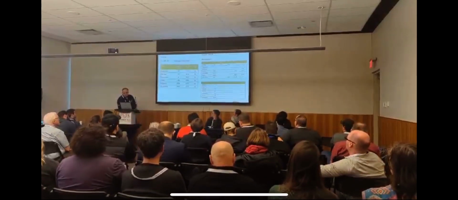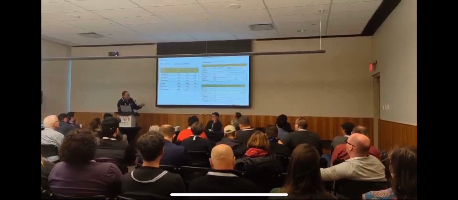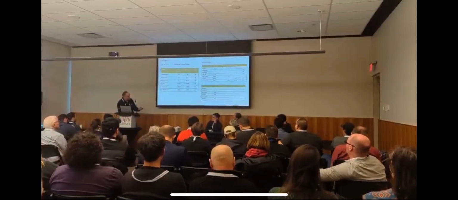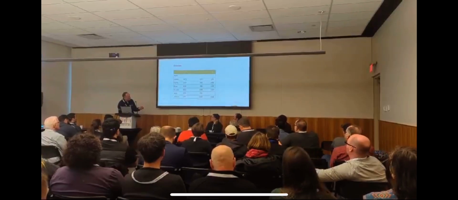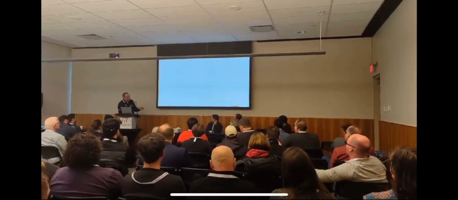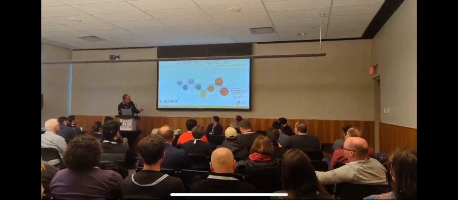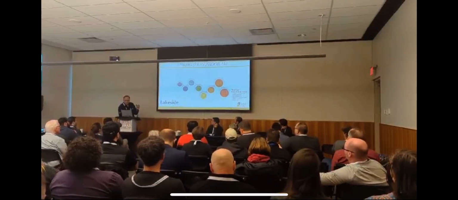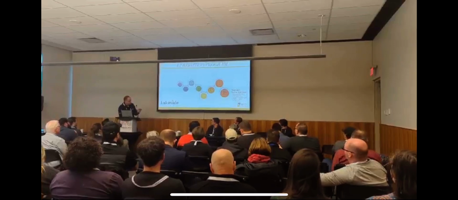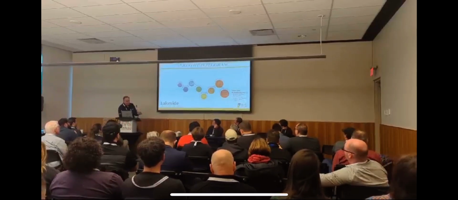It shows us what we did so far, on macros and micros. That's actual pounds per acre. So this is a closed system, a precision ag closed system that we built over the years.